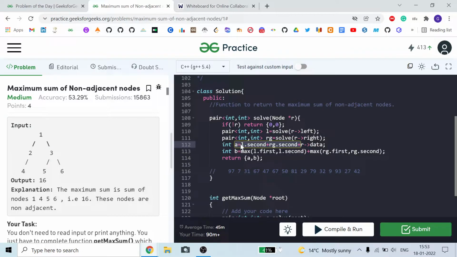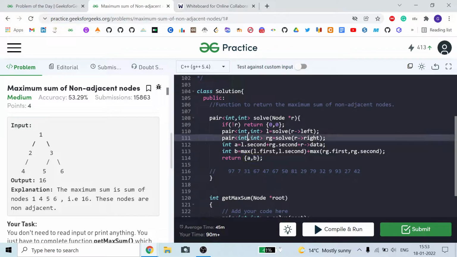So second means we don't include these 2 and 3, so we can include the data of the root. If we don't include both of these, then we can include the data of this in our second value. And in B we will store the maximum sum so far at this position, whether it is included or excluded, and we return a comma b.